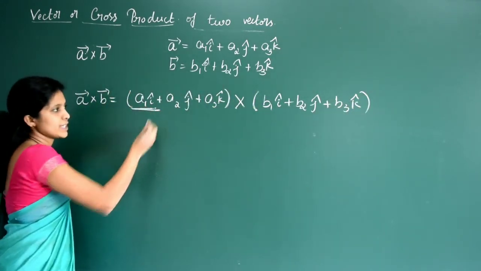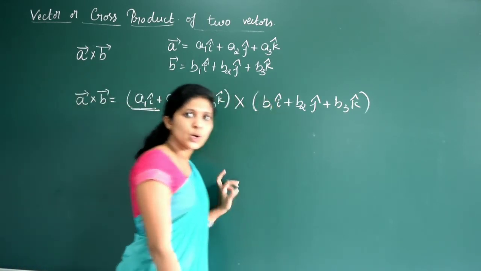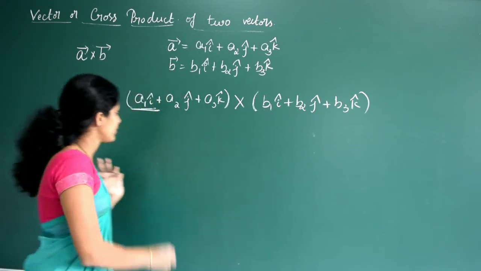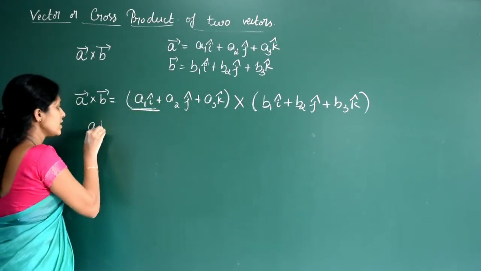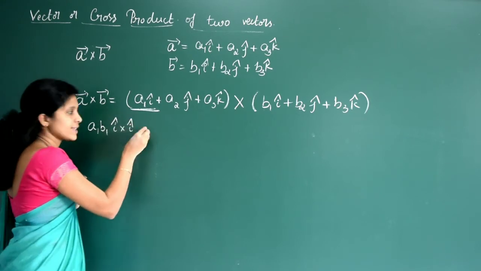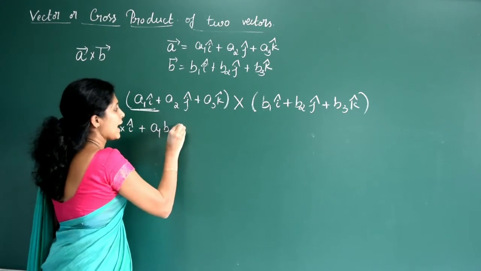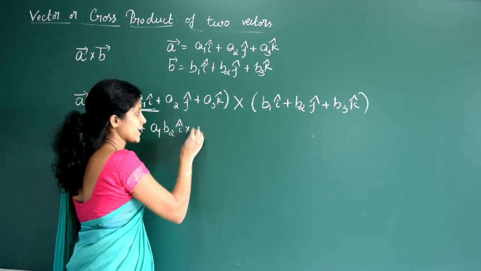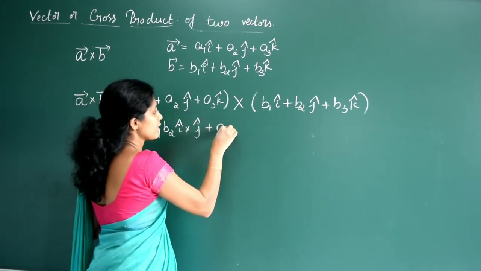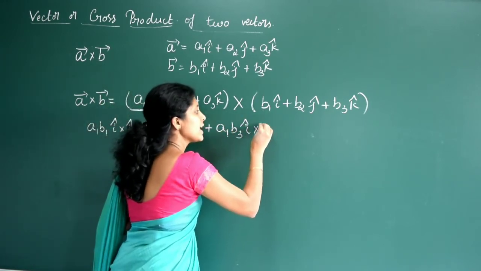First let me start with this: a1 i cap cross b1 i cap. So a1 b1 are constants, so I can write a1 b1 i cap cross i cap. Second will be plus a1 b2 i cap cross j cap. Third, plus a1 b3 i cap cross k cap.